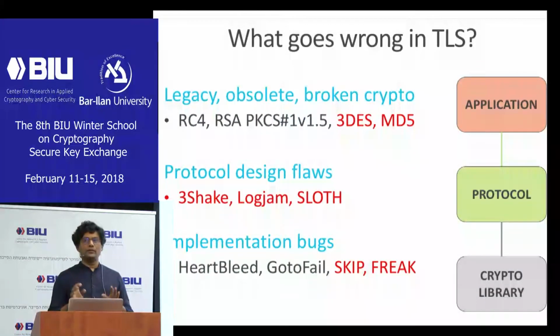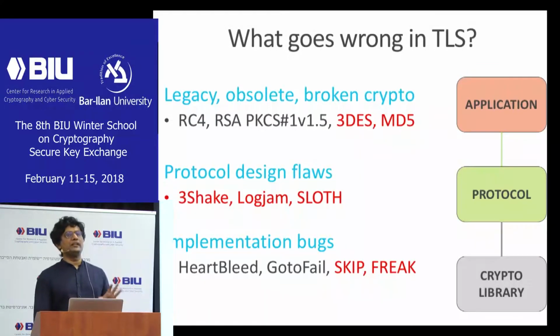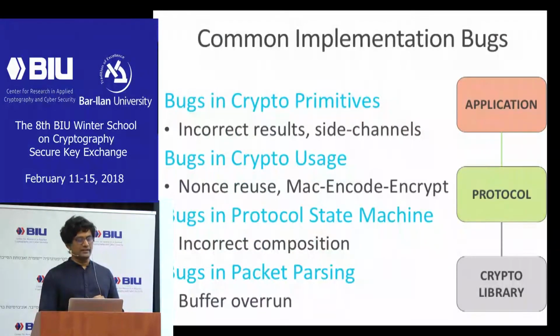In particular, I'm going to observe that in TLS, one large selection of what goes wrong is in fact implementation bugs like Heartbleed, state machine attacks, and so on. And we want to be able to prevent those kinds of attacks. So let me summarize the kind of attacks that recently have been found in TLS libraries and in various other places as well.